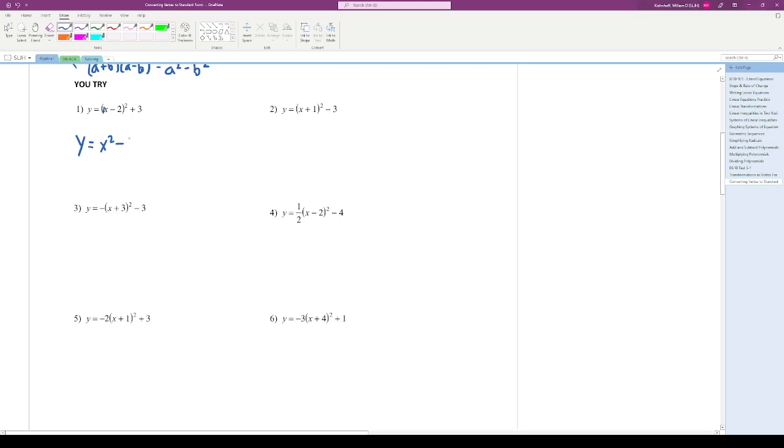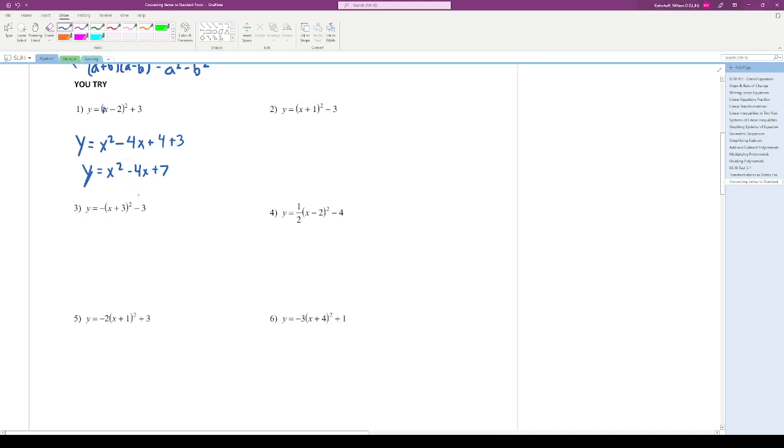So that's going to be minus 4x, and then we're going to have a plus negative 2 squared, which is 4. And then we have plus 3. So we get y equals x squared minus 4x plus 7. And then if we could, we might also be able to factor that. In this case, this one doesn't factor, so we won't be able to do any further work on this.